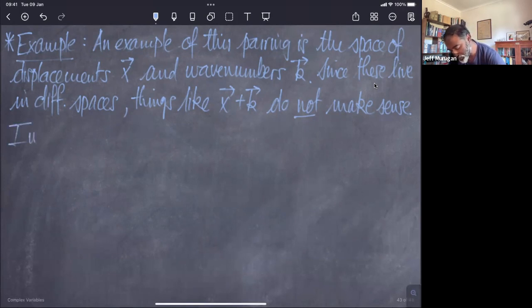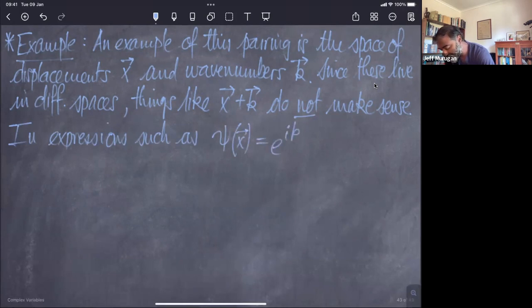In expressions such as psi of x equal to e to the ik dot x, which, if you've done anything involving Fourier transforms, you would know is what's called the kernel of a Fourier transform. If you're a physicist, you would call this a plane wave. Either way, you get this object that looks like k dot x in it. And one generally takes this to mean k1 x1 plus k2 x2, etc.